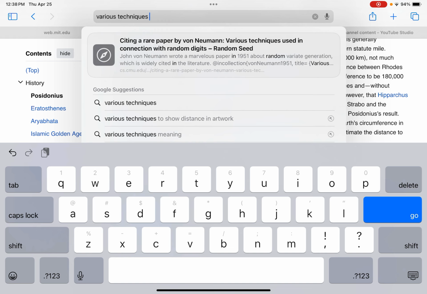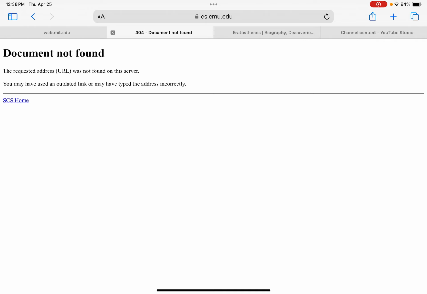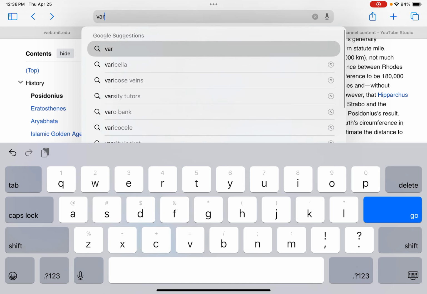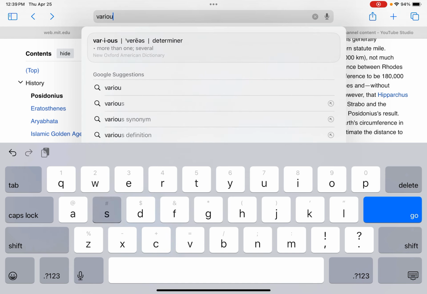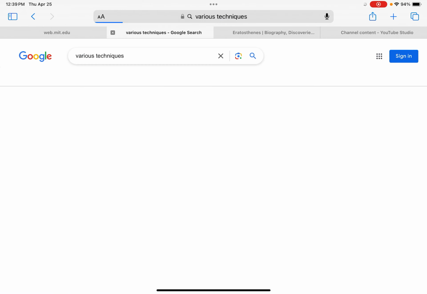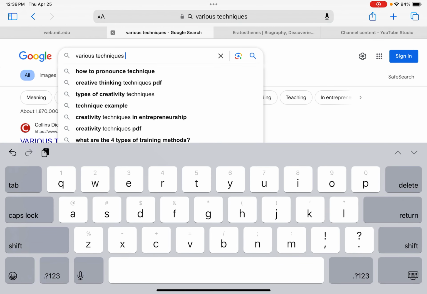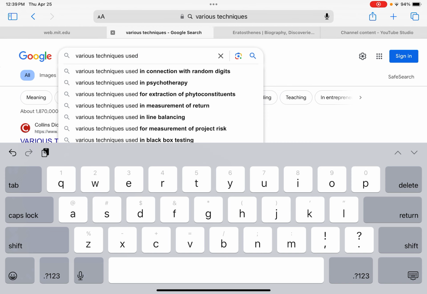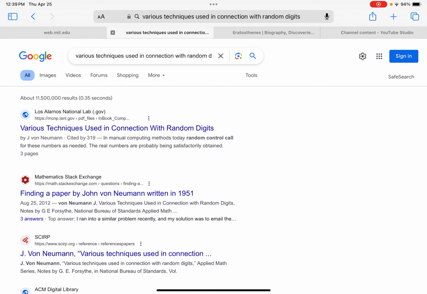Oh, citing a rare paper. Various techniques used in connections. Okay, let's see if this will just come right up. Oh, no. It's still not working. Various techniques used in connection with random digits. Okay, good. All right, and then let's see if this is the one.